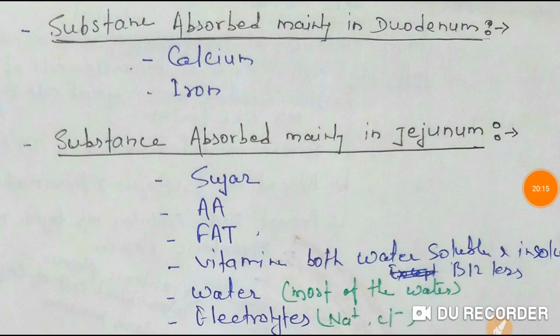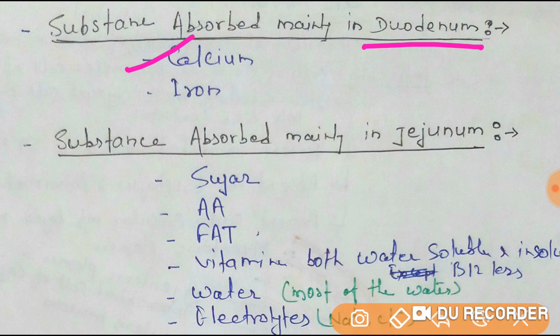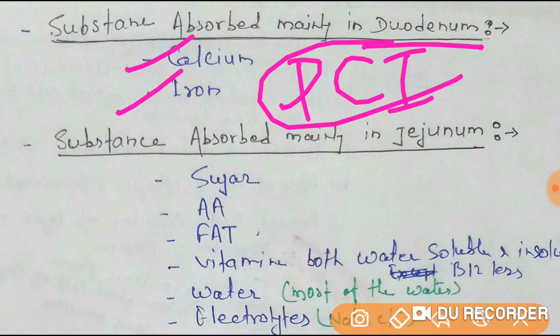The next is the substances absorbed mainly in the duodenum. This is also important. You have to remember that in the duodenum, calcium and iron are mainly absorbed. DCI.